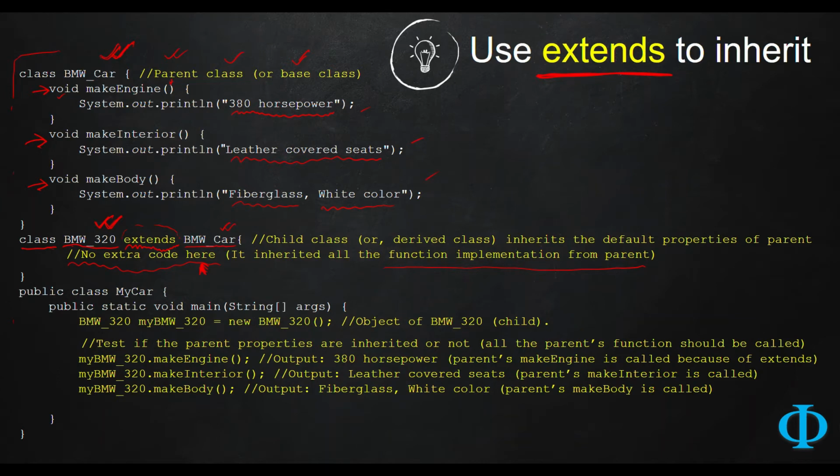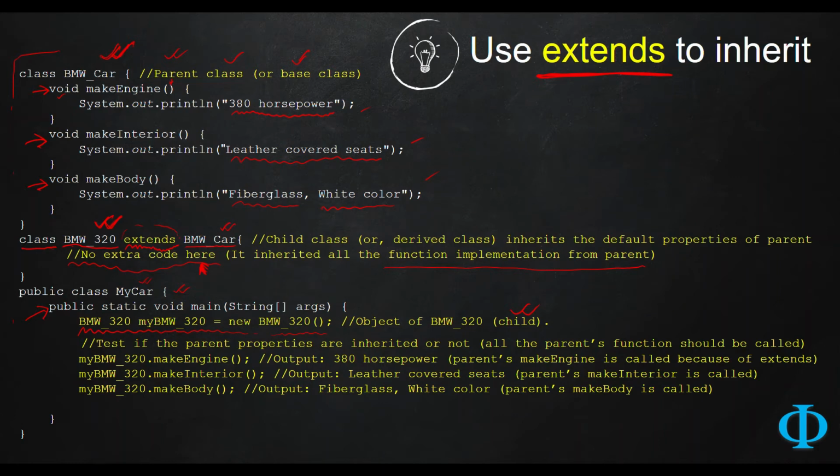Now in order to test that, I have created another class called, let's say, my car, where I have written the main function from where the program will start. Here I first created an object of this BMW 320, which is the object of the child class. Now let us test whether the parent properties are actually inherited or not.